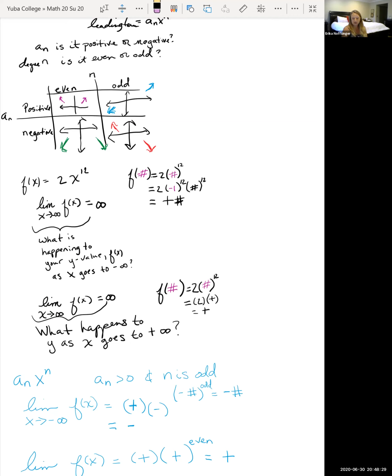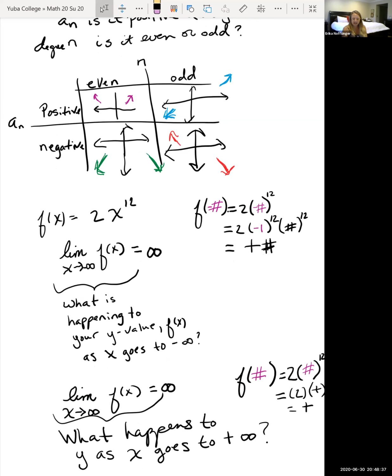So a couple characteristics that you might notice if you looked at this a little longer, and that is the end behaviors. Notice that with even degrees, look at the end behaviors. When it has a positive coefficient, they both go upwards. And when it has a negative coefficient in front, they both go downwards. So if it's an even degree polynomial, notice that the end behaviors are going in the same direction.